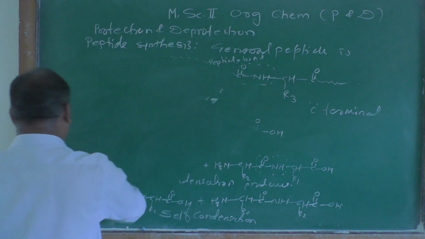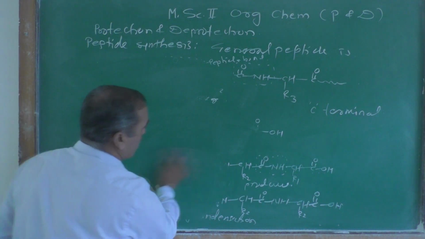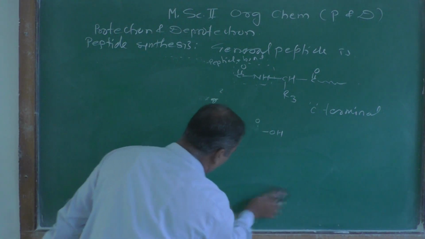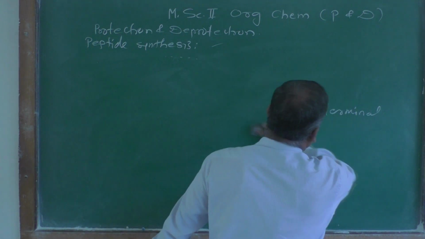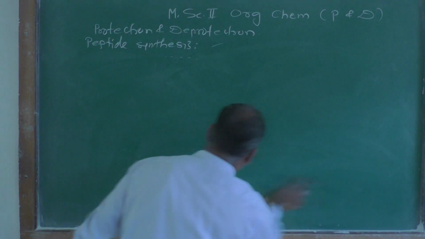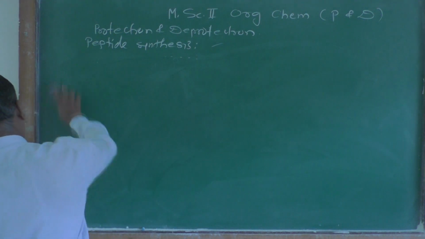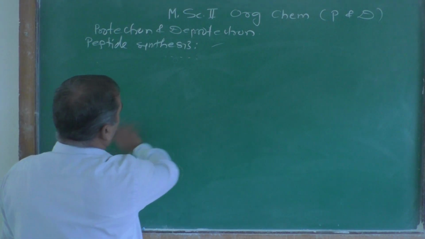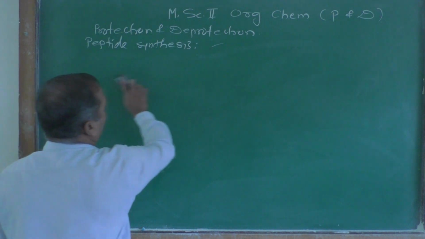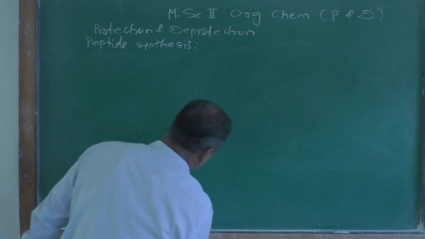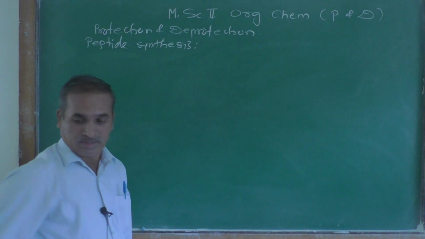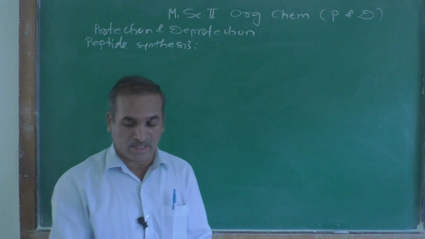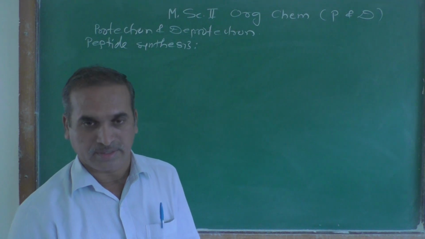Now let us look at how the controlled synthesis is carried out for peptide synthesis to avoid the mixture of products, because when we get a mixture of products, we cannot get the pure compound separately.